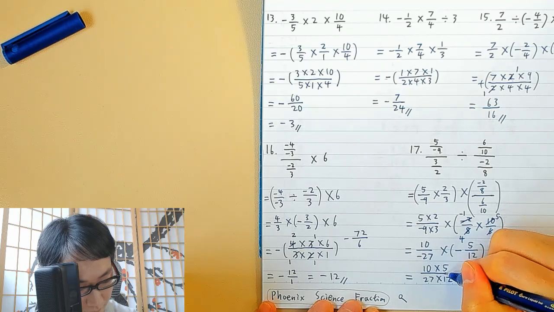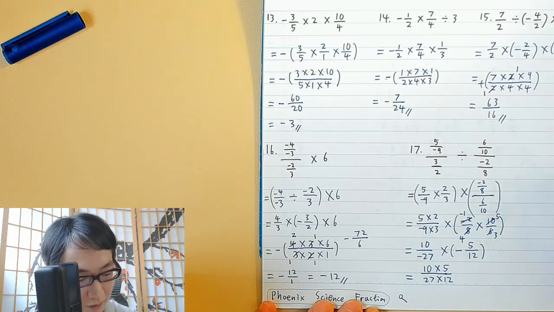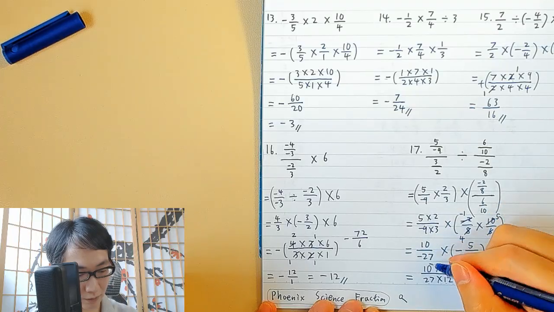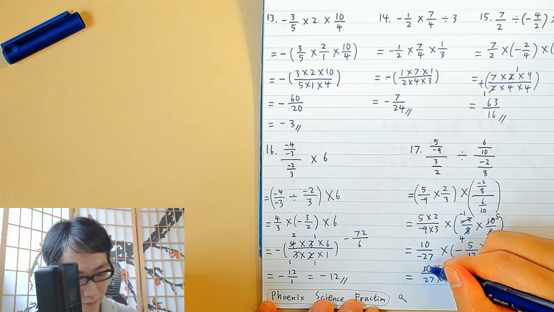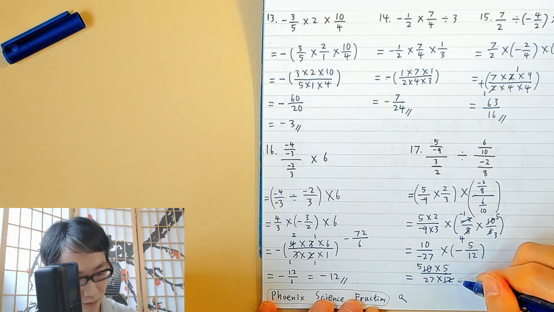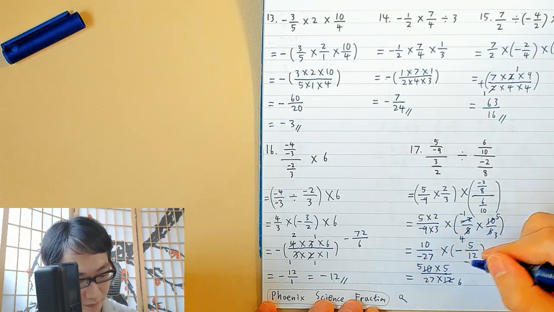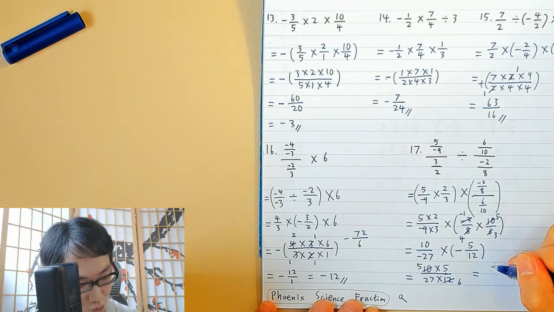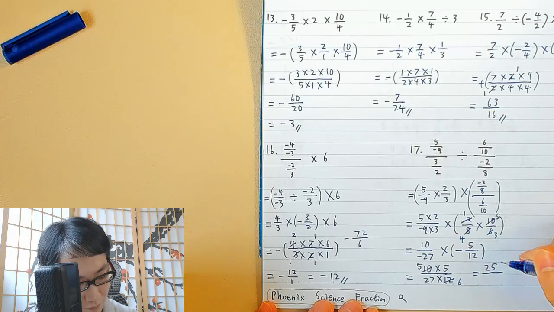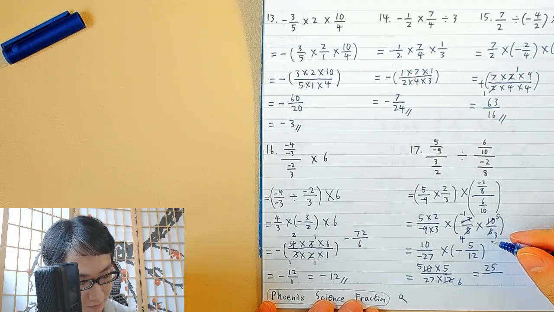So both 10 and 12 have a factor of 2. So 10 divided by 2 is 5. 12 divided by 2 is 6. Okay. So we have 25 over 27 times 6.